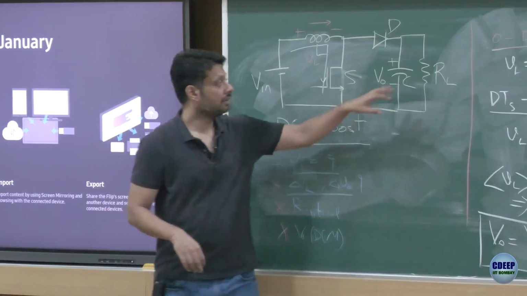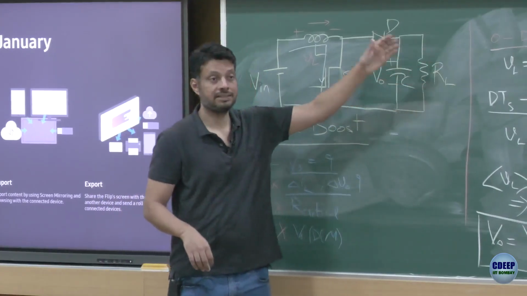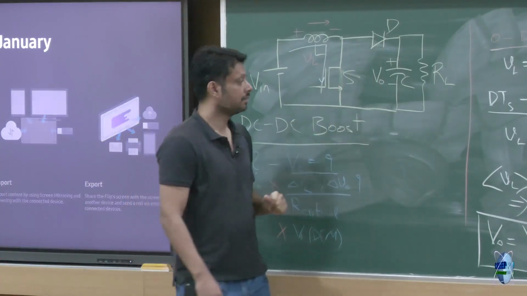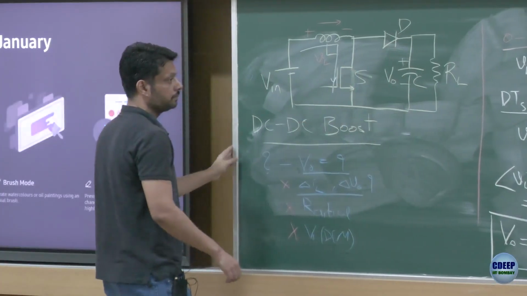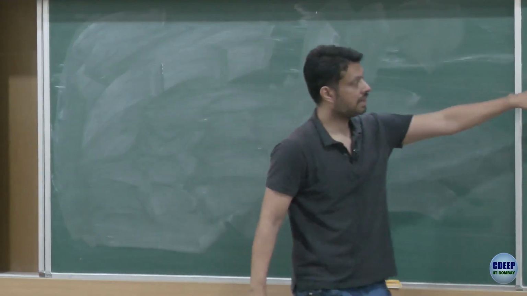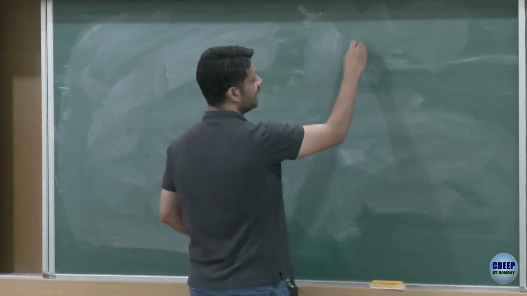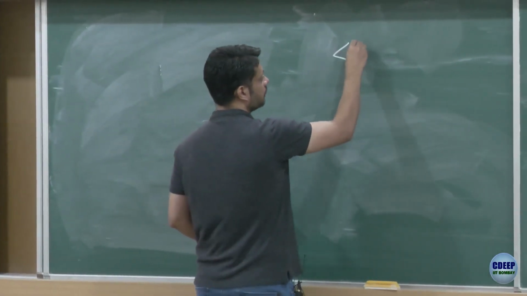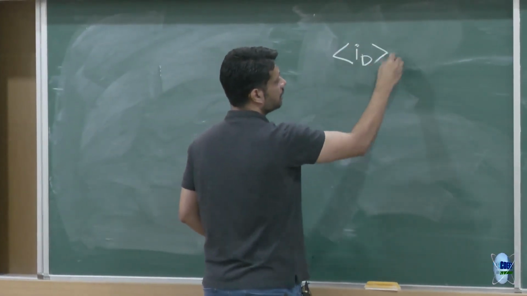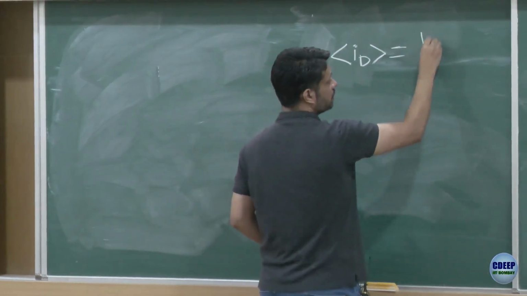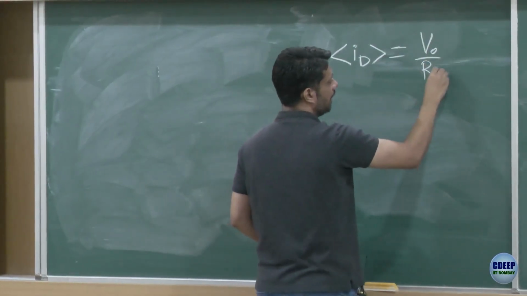However, average load current is equal to the average diode current. Let me still refer to this circuit here, and I am writing equations here. In this case the average diode current will be equal to the average load current, which is Vo by RL.